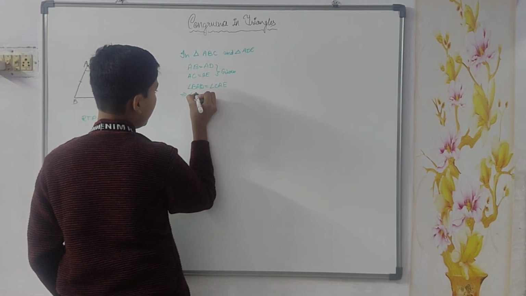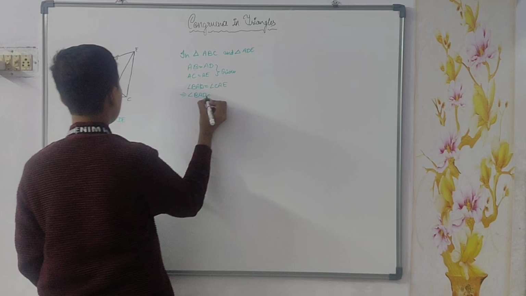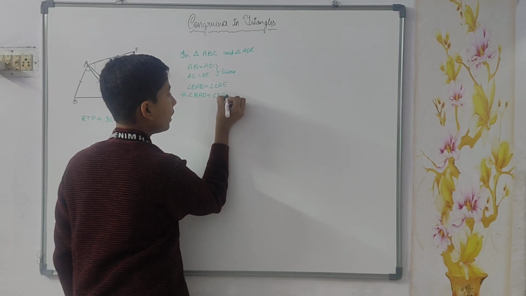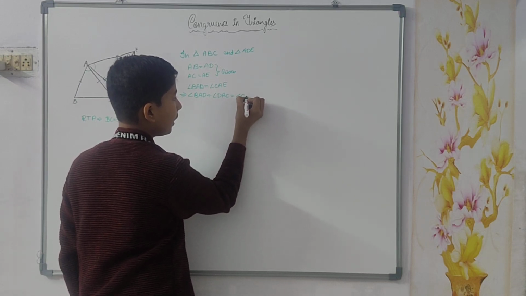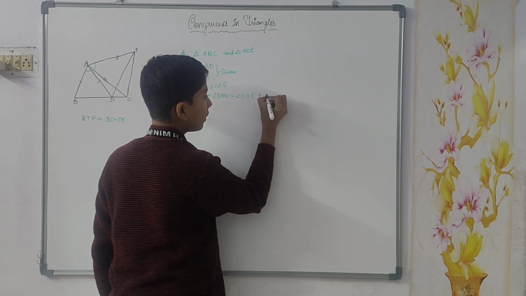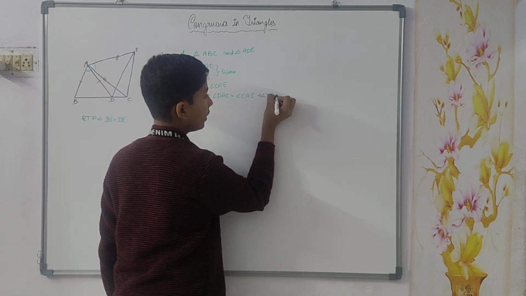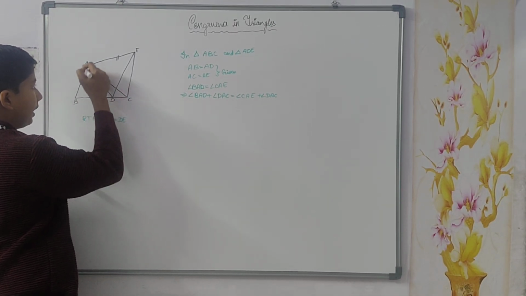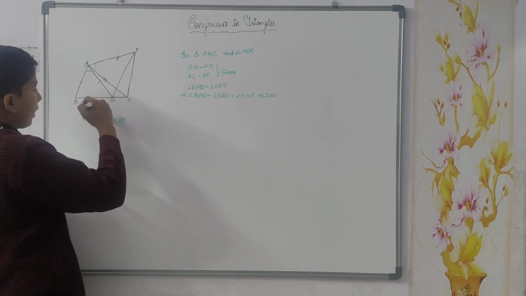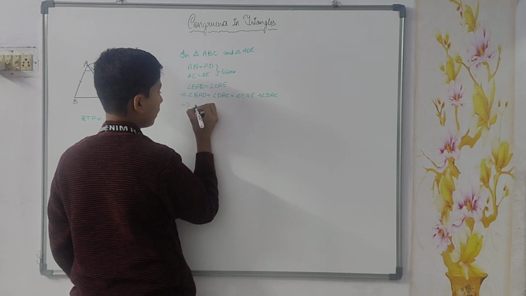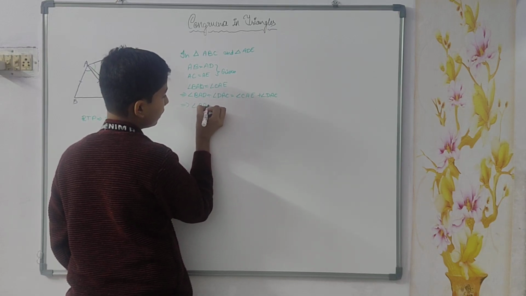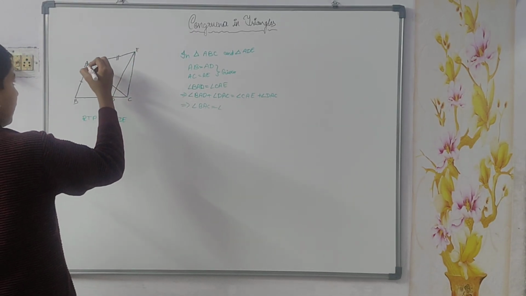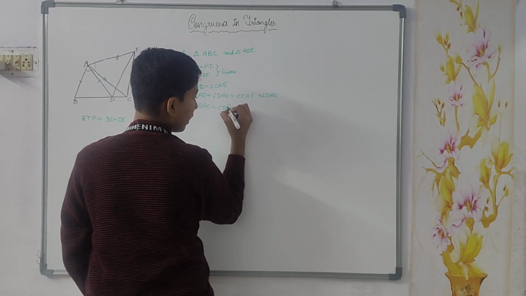So angle BAD plus angle DAC equal to angle CAE plus angle DAC. Now further you have to do something. If you add this angle to this angle, the result will be this angle, hence angle BAC equal to angle DAE.